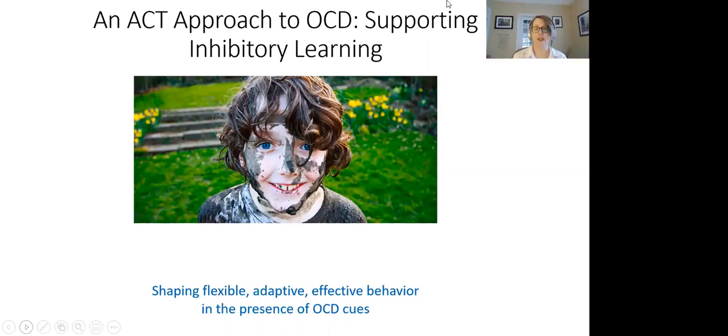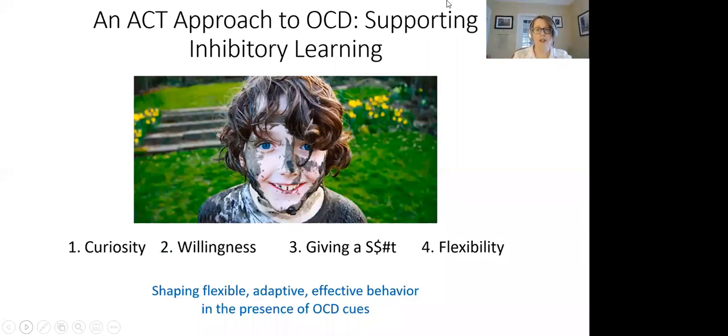And we emphasize shaping a new repertoire of behavior, a new broad and flexible repertoire that one can engage in to build a life that's meaningful to them, whether or not there's an OCD cue present. Right? And this is really the goal of exposure. So to shape new behavior that's more effective, adaptive, and approach-based rather than targeting habituation.